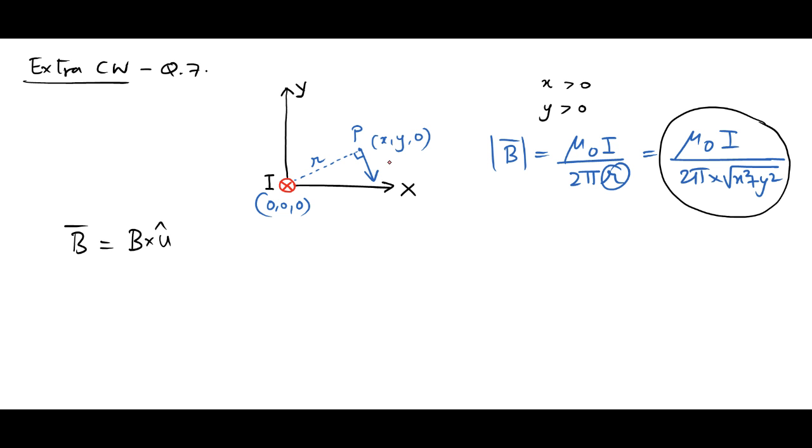So the question is, how do I actually find a unit vector which goes like that? It's perpendicular to the line segment of length r, and it goes in that direction. For that I can use a bit of vectors.